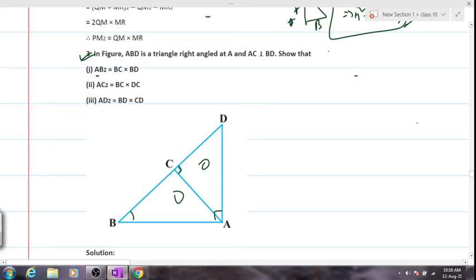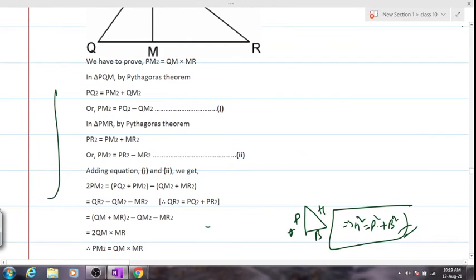Yes, one is 90 degrees and of course this is 90, and this one side is common. We need one more thing. What should we go with? Yes, either you can go with this thing or you can do the proof this way.